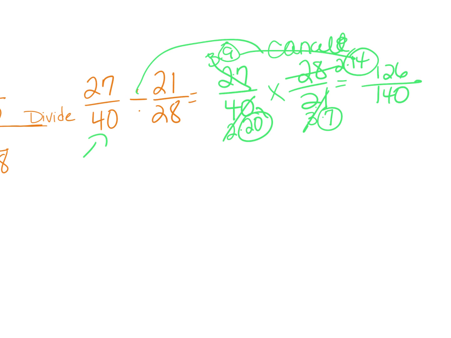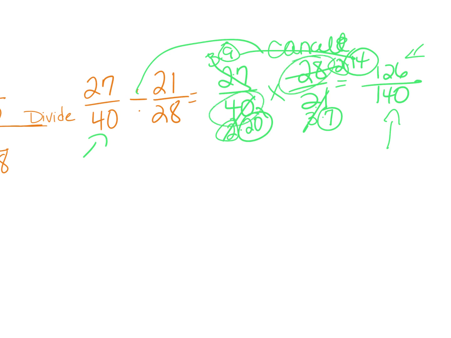Now, I did this on purpose because I want you to see that you have some large numbers here. And I wanted you to see you can start with the smaller numbers of cancellation, such as 2, but you can actually go a little more in order to do cancellation so that you won't have such a large number here. You could actually divide both of these numbers by 4, okay?